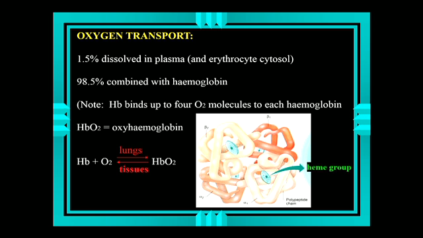So you might think, well, a fetus lives in a very low oxygen environment. So how can a fetus carry the same proportional amounts of oxygen as an adult? Well, it does so by having this different globin, with much stronger affinity to oxygen, so it is able to bind oxygen at lower partial pressures or concentrations.